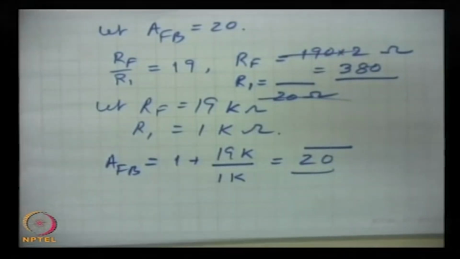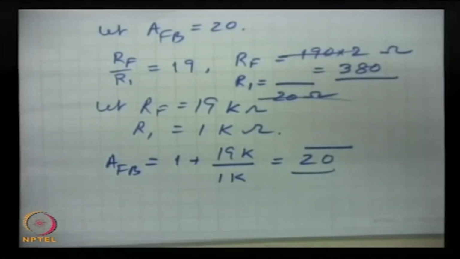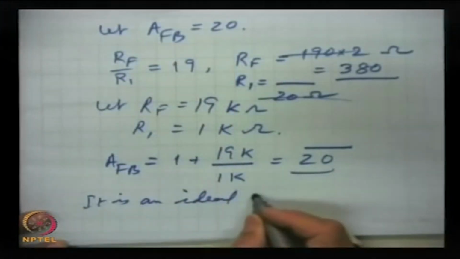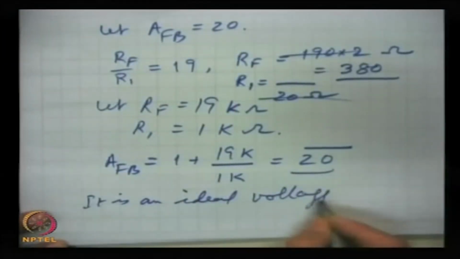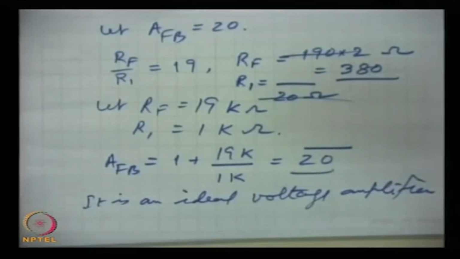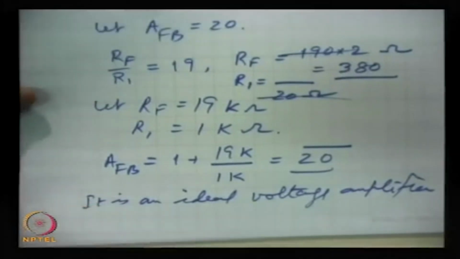Now let us go further to show that a non-inverting amplifier with op-amp is very close to an ideal voltage amplifier, and this we can show by using the concepts of feedback.